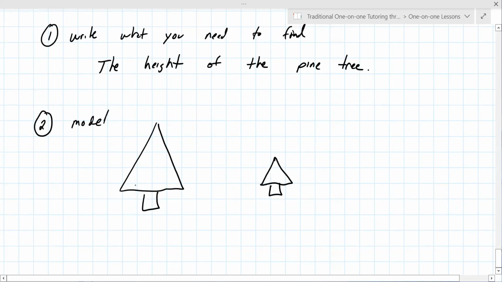And the order doesn't matter. But which one is the pine and which one is the aspen? The aspen's the smaller, the pine's the larger.